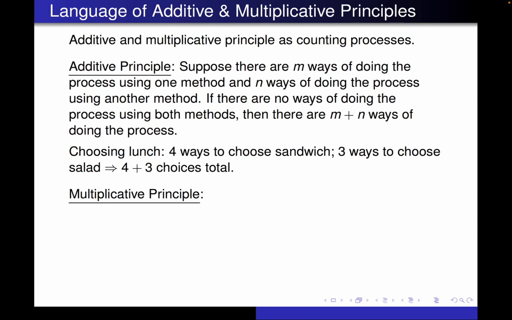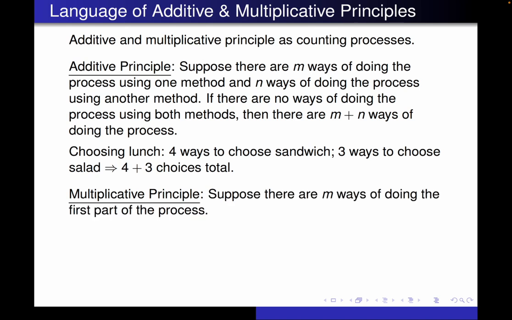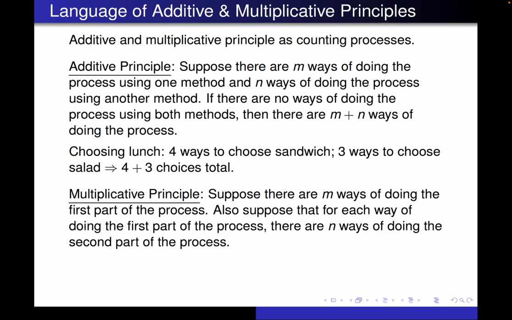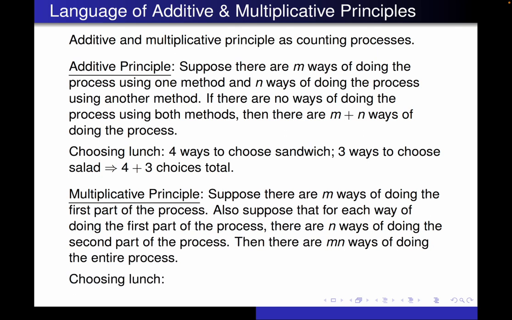For the multiplicative principle, we think of the process a little bit differently. We think of cutting the process into pieces, into parts. Suppose we're trying to do a process and there are m ways of doing the first part of the process, and that for each way that you do the first part of the process, there are n ways of doing the second part of the process, then there are m times n ways of doing the entire process.